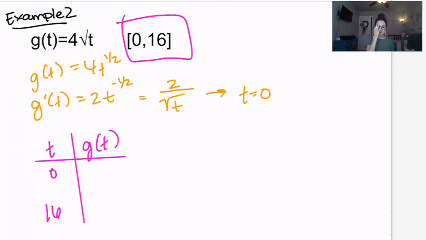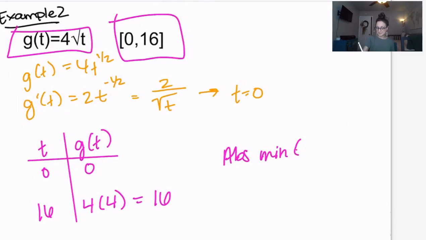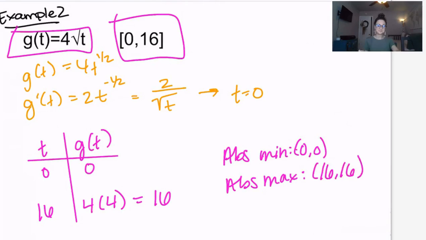So if I find g of 0, plugging in there, I get 4 times 0, so that's 0. Plugging in 16, I get 4 times the square root of 16, which is 16. So I've got an absolute min of 0 at t equals 0, and an absolute max value of 16 at t equals 16.